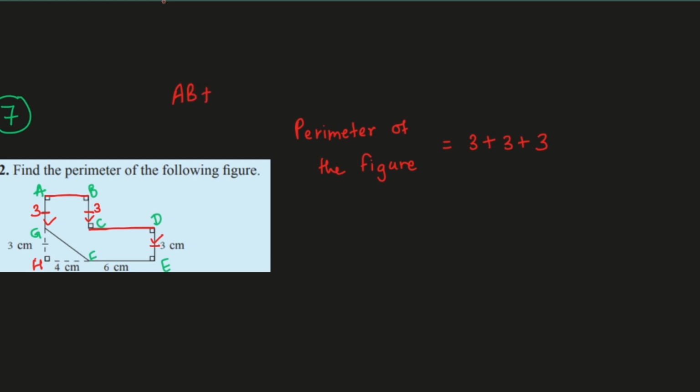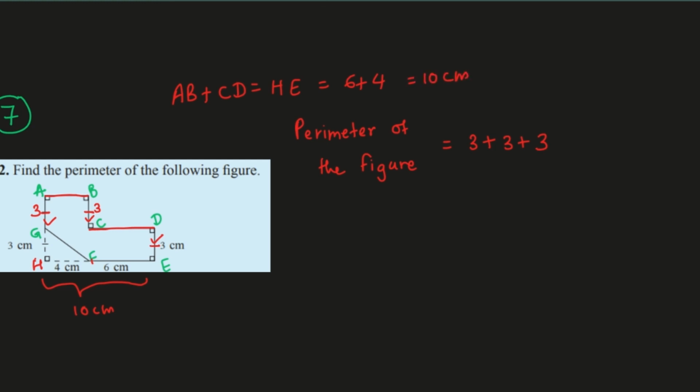AB plus CD equals HE, which is what? 6 plus 4. HF equals 4. FE equals 6. So HE equals 10 centimeters. So this is what? 10 centimeters.